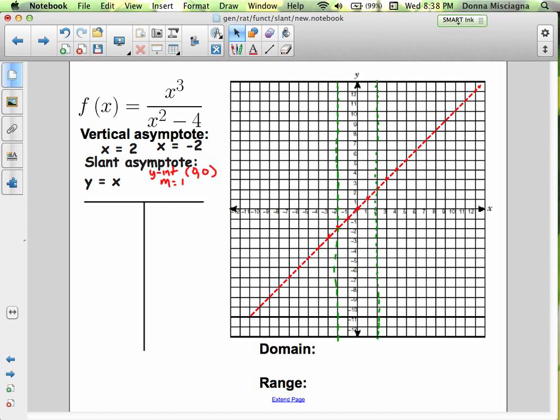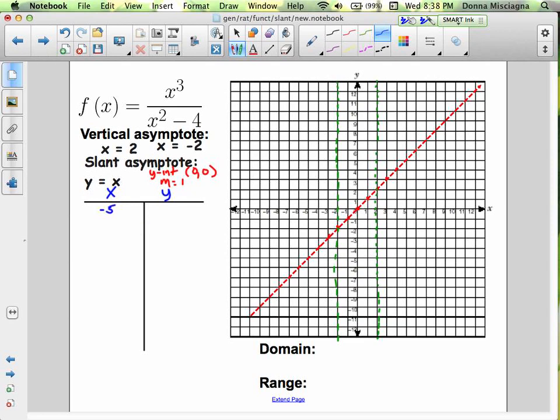All right, so now we need some points. So let's graph some points on either side. We need to graph some points that are less than negative 2. All right, and I'm actually going to use 3 points because on this graph, 2 points might not be clear enough, and you'll see why. All right, so let's use, I think I did negative 5, negative 4, and negative 3.